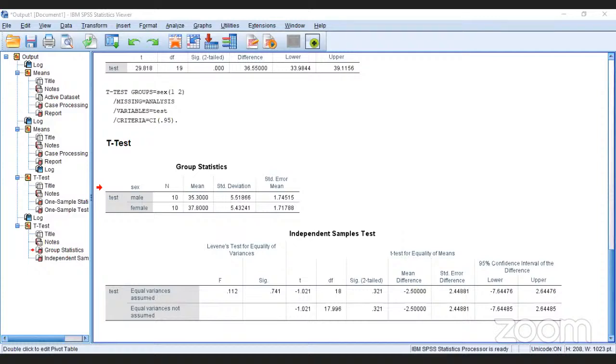APA table format, okay. To correctly format an APA table, follow these rules. Number 1, table number in bold above the table. Brief title in italics and title case below the table number.